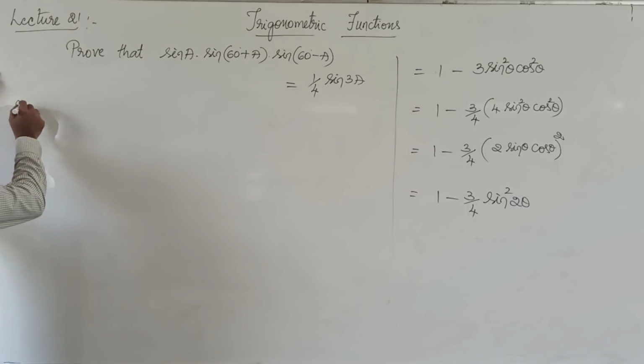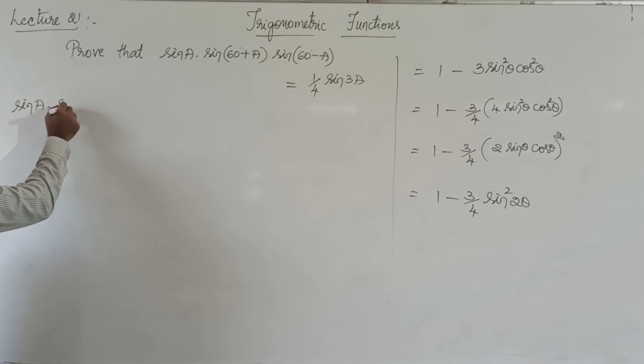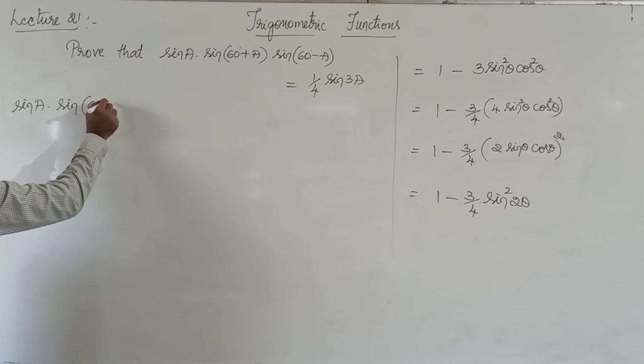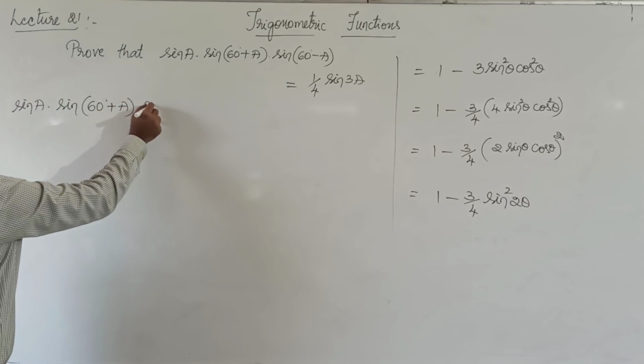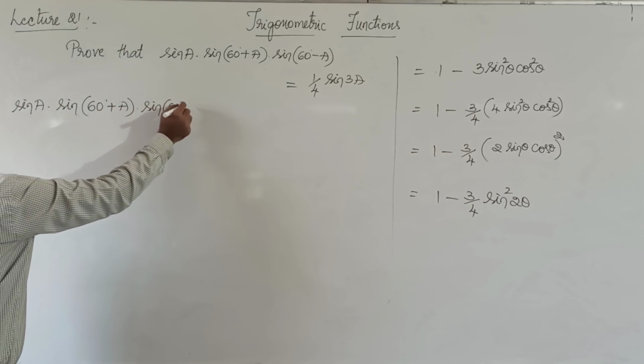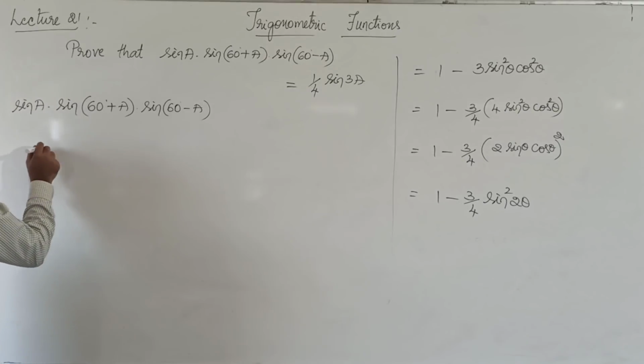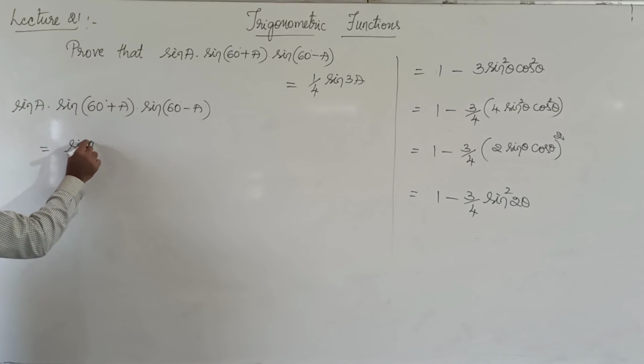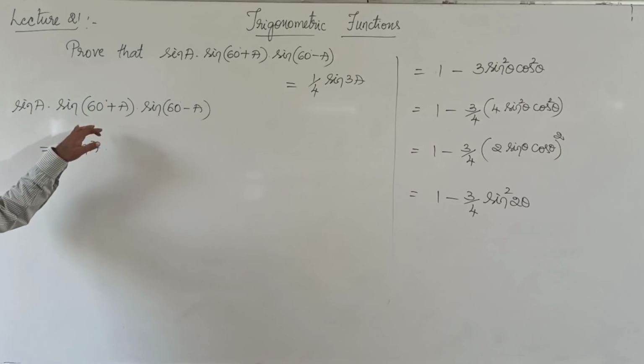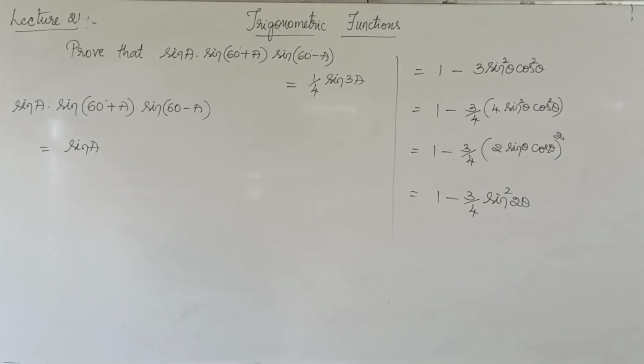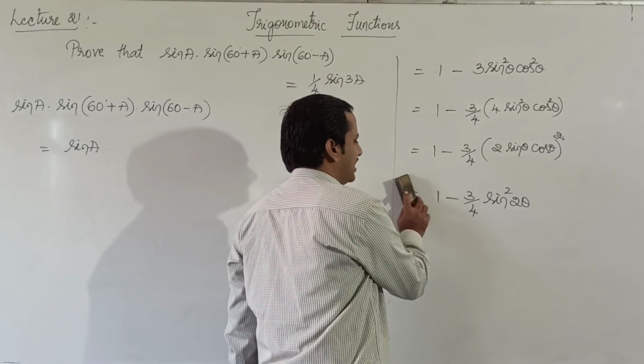Okay, so I'll consider this sin A into sin 60 plus A into sin 60 minus A. This sin A I will retain as it is, into, look at this, sin 60 plus A into sin 60 minus A.